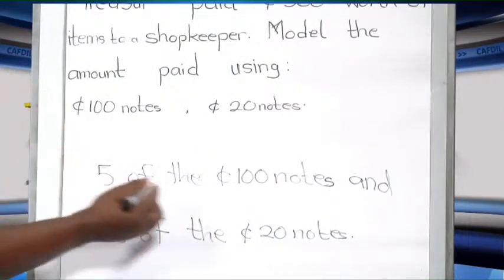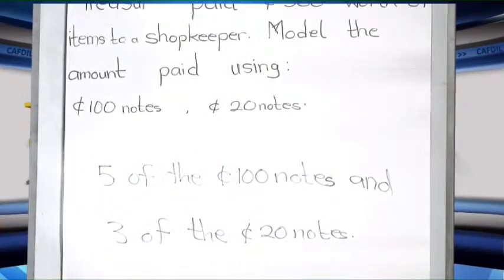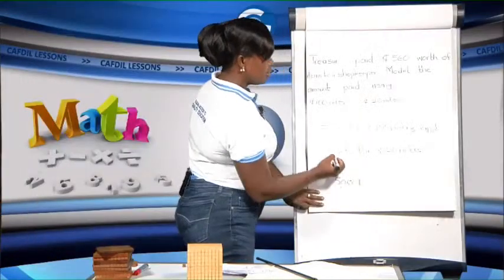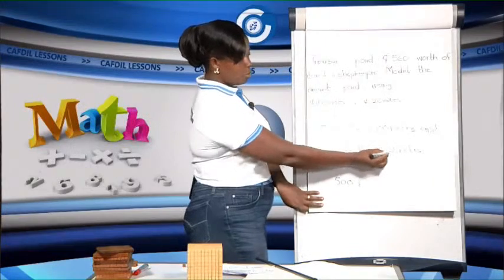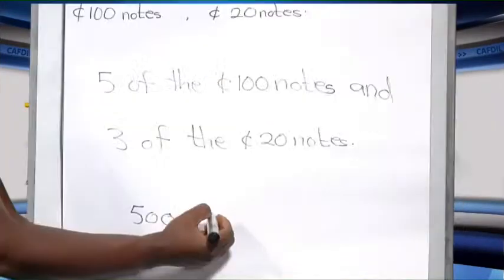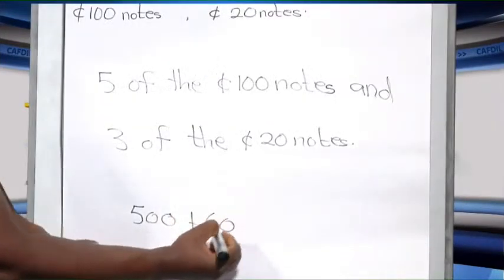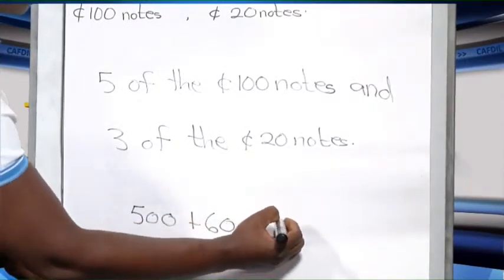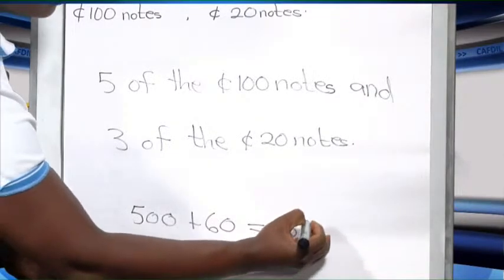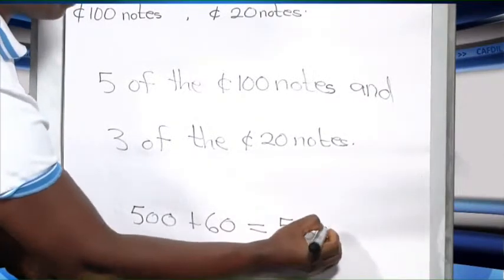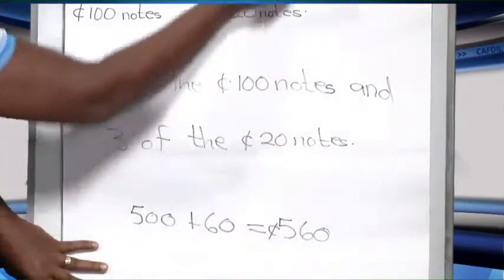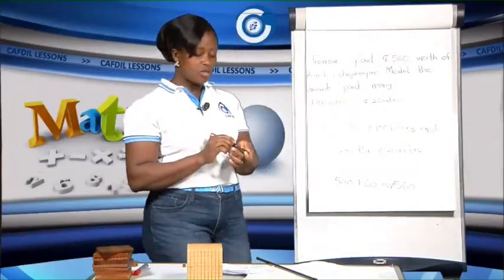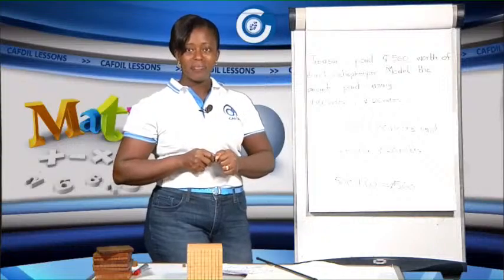So 5 will give us 500 plus 3 of the 20 cedis notes will give us 60. When we add 500 to 60, we will get 560. And that will be the amount Treasure paid to the shopkeeper.